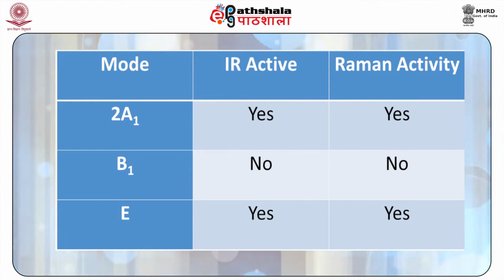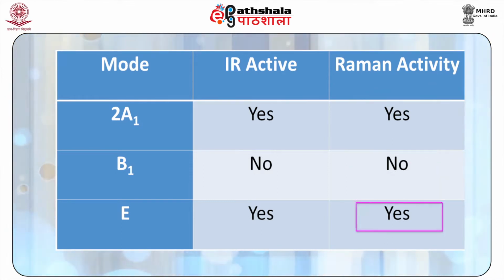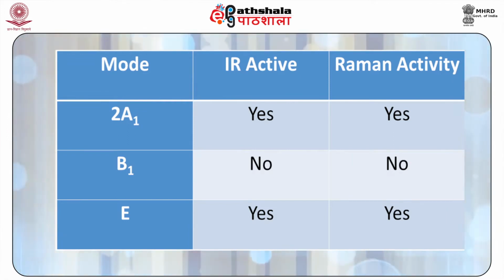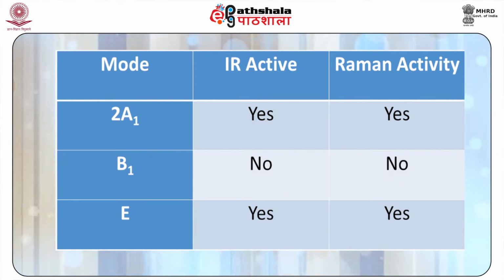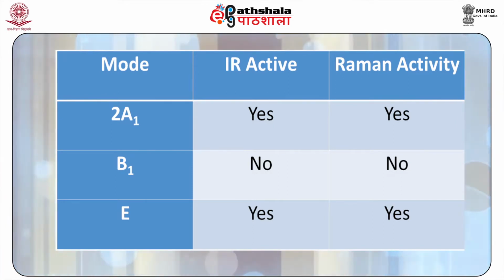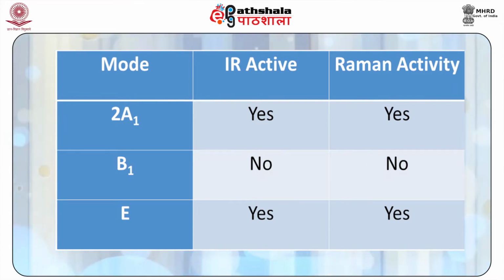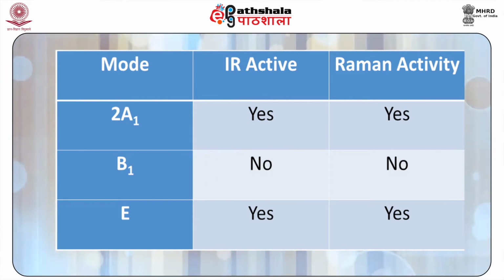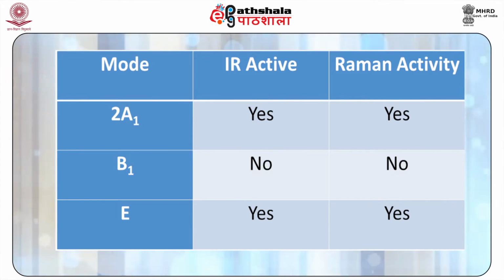Raman activity: 2A1 yes, B1 no, E yes. So if I consider C4v symmetry, there should be 3 IR active modes and 4 Raman active modes, though some of these may coincide.